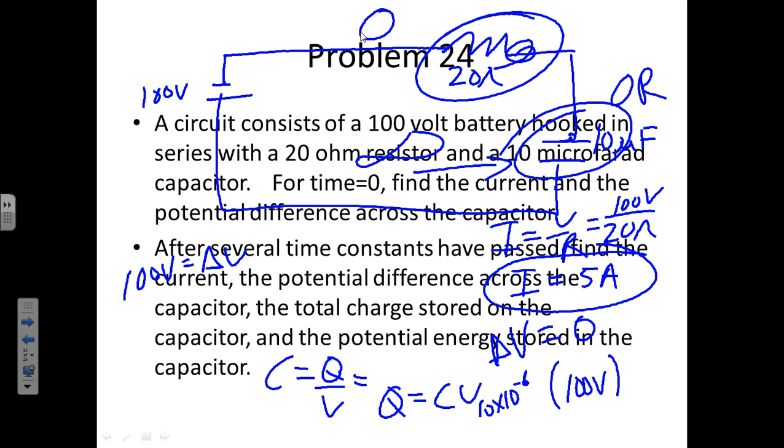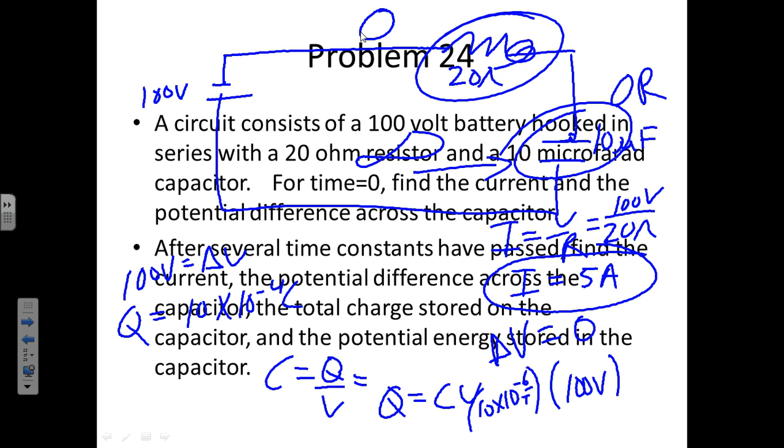Negative 6, right? Farads. So if we multiply 100 times 10 times 10 to the negative 6, we get what? It's just going to make that power go up 2, right? So it'll be 10 times 10 to the minus 4. So the answer to the second part of this question is Q equals 10 times 10 to the minus 4 coulombs.